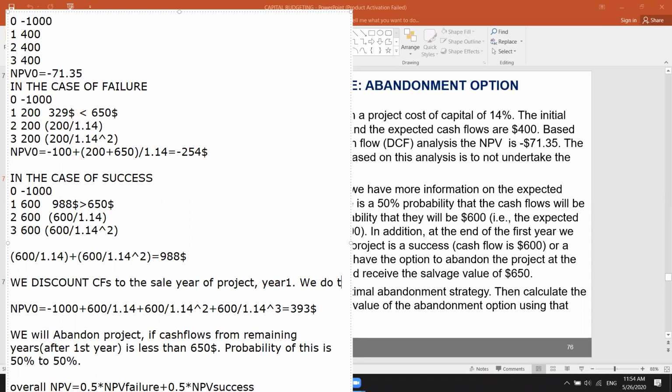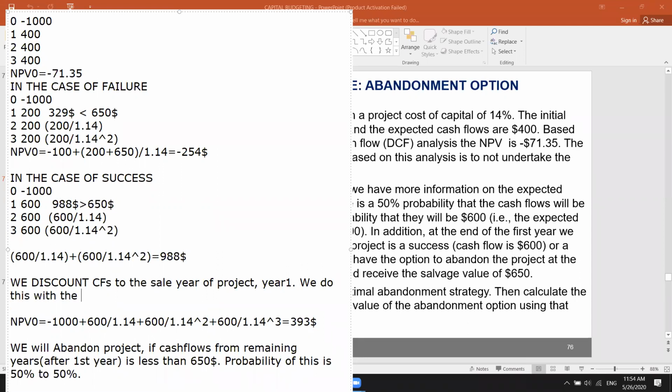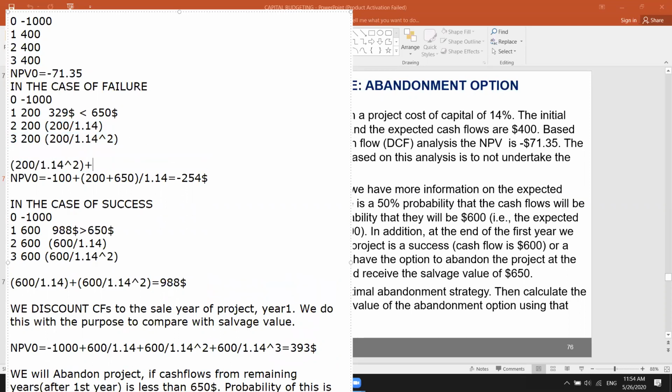We do this with the purpose to compare with the salvage value, if it's more or less. And the same thing with the case of failure. We do the same thing. So we add this plus this, and in total we get this 329.